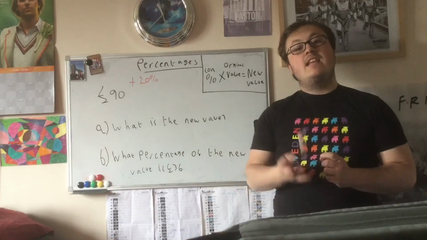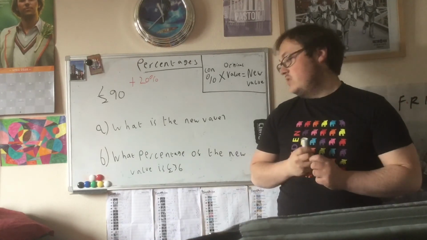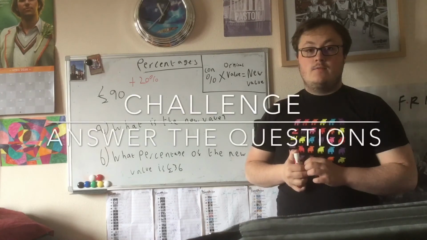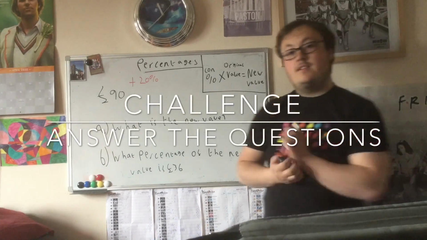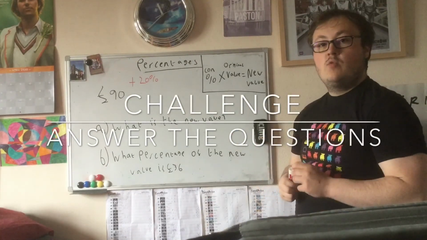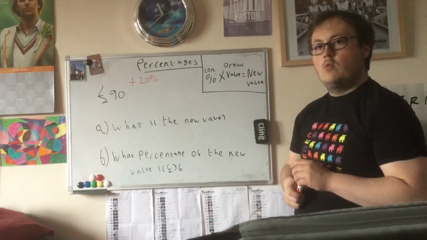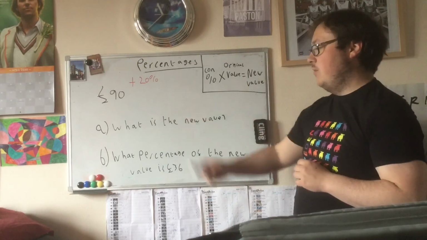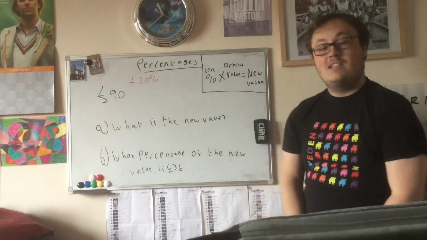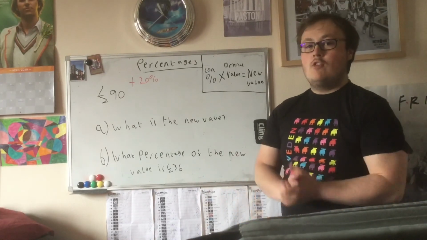And then what percentage of that object was £36? So, you're going to have to do quite a few things to do this. What is 20% added on to 100%? What's that as a decimal? How can this formula help us with this one? Do we need to rewrite the formula for this one? See how you do. It's a challenging one, I know, but I think you'll be fine with this.